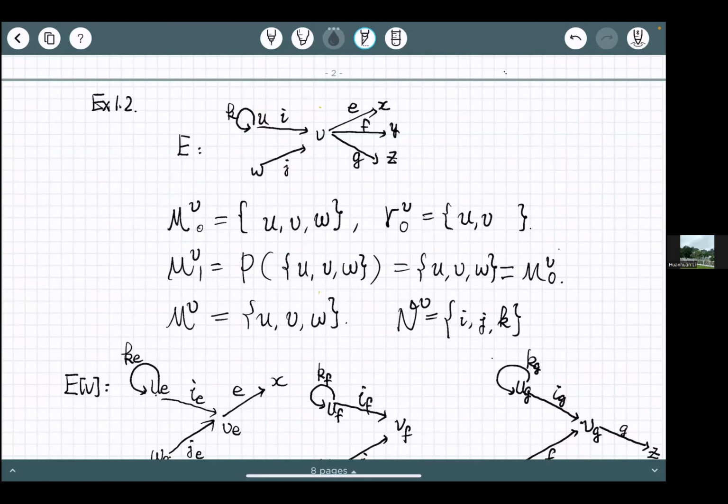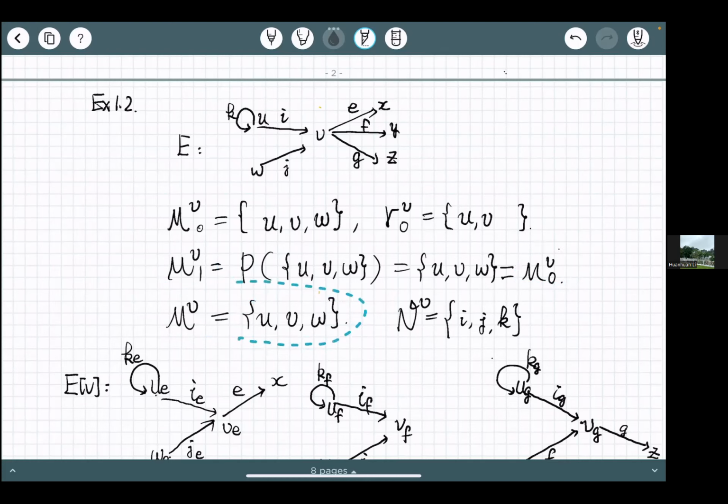So M1V actually is equal to M0V. Then we can see M2V is the same as M1V. And so MV would be M1V, because once these two are equal, all the MNV would be equal to M0V.